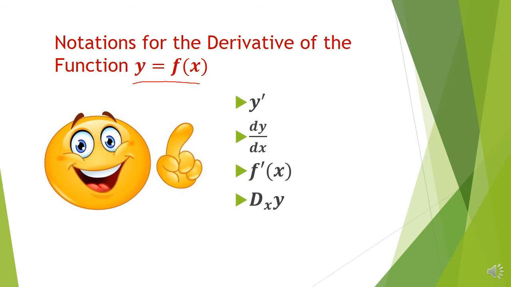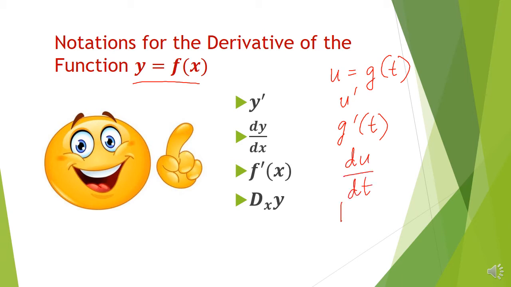So, that goes to say, if we are given, say, u equals g of t, the derivative of this will be u prime, g prime of t, derivative of u with respect to t. Okay? So those are the notations for the derivative.